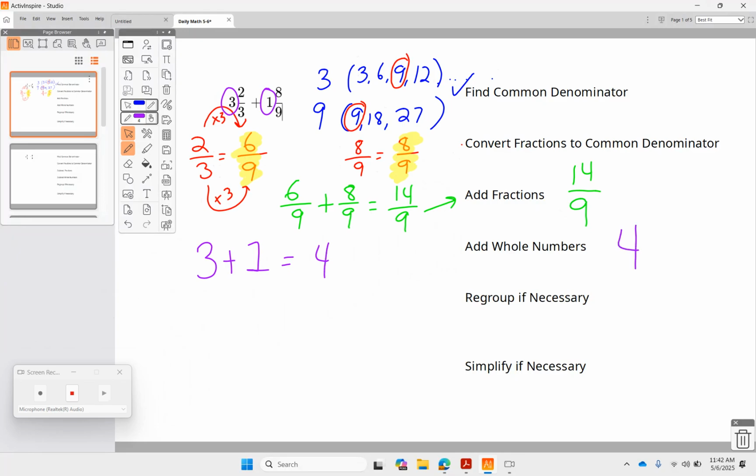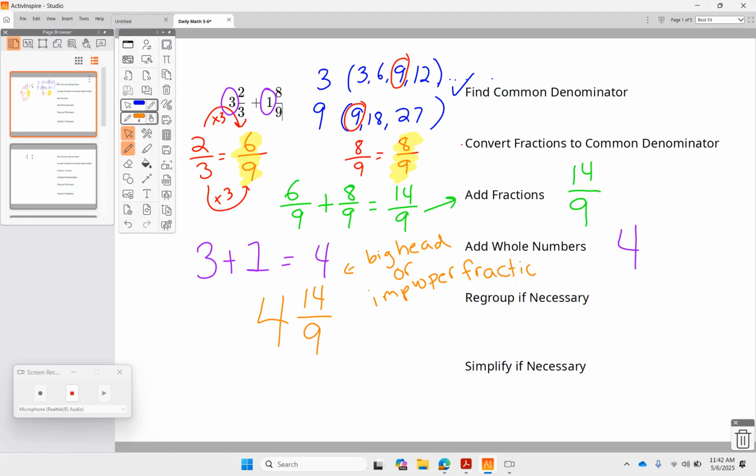So right now, we have as our answer 4 is our whole, 14/9 is our fraction, but 14/9 is what Ms. VB calls a big head, or an improper fraction. That says improper fraction.